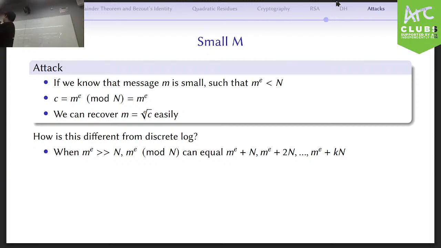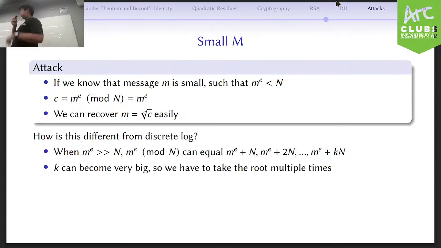There are many different possibilities because of the modulo. The thing is, k can become very, very big. Our m to the power of e will usually be at least 2 to the power of 100 times more than our value of n. So you would have to brute force 2 to the power of 100 different values of k if you just try to take the eth root, which will take a long time, as Teddy said, maybe millions of years.